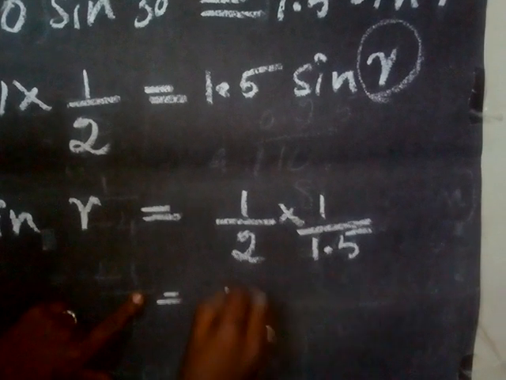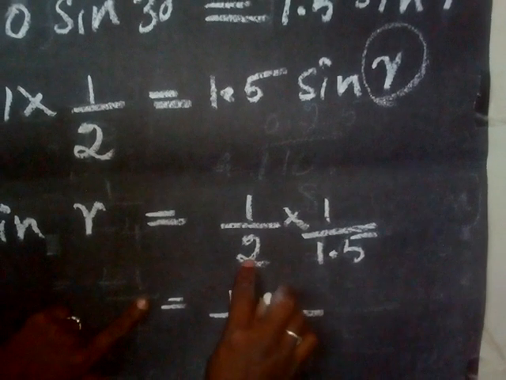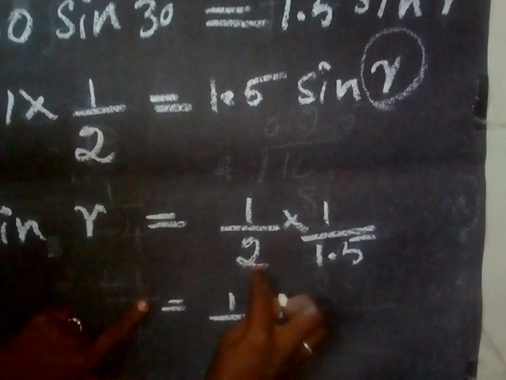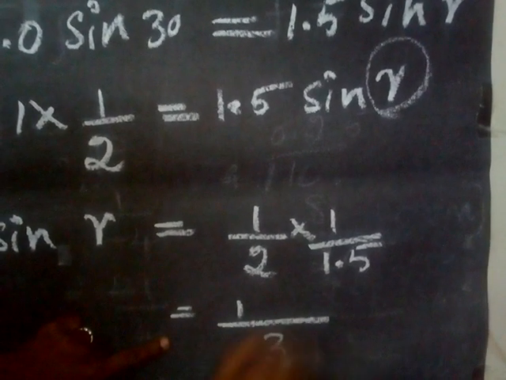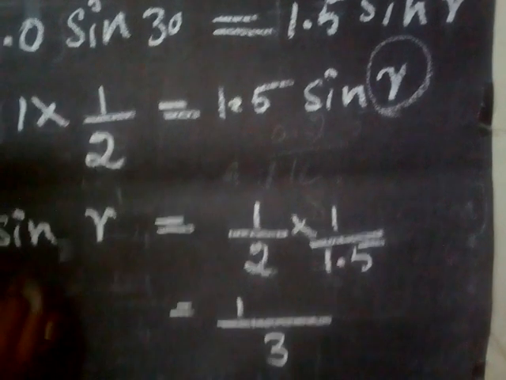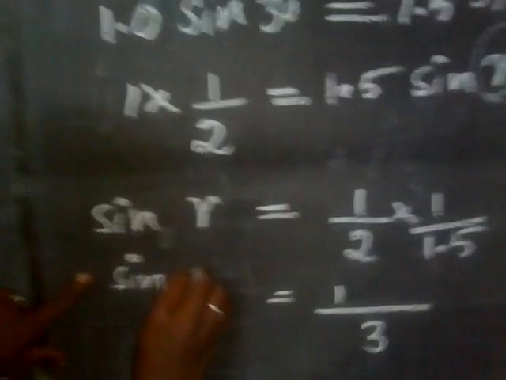Next, 1 into 1 is 1. Multiply these two numbers, 2 into 1.5, what is the value? 3. So 1 divided by 3. Sine R is equal to 1 by 3.